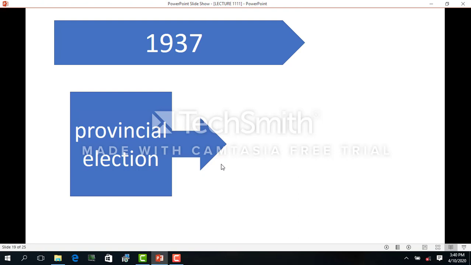The Indian National Congress got a majority in 8 out of 11 provinces. Then they resigned in 1939. But during this two and a half years of Congress rule, the difference between Muslims and Hindus increased.